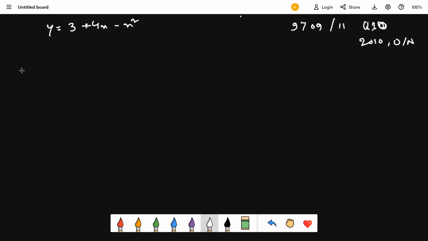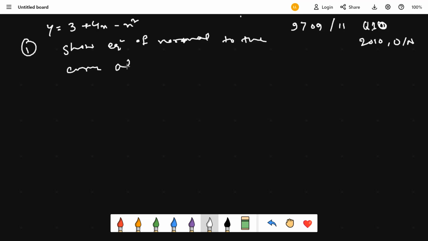Now, in the first part, we have to show that the equation of the normal to the curve at the point (3, 6) is 2y equals x plus 9. Okay, they're asking us to do that.